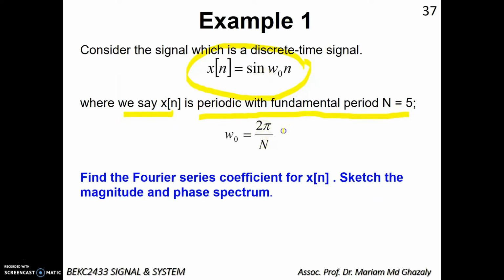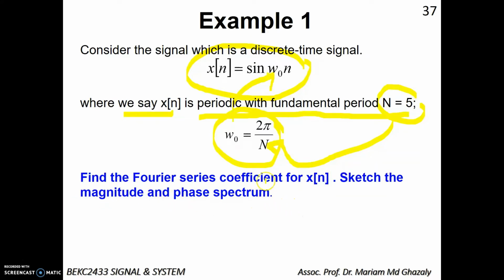So you have omega_0, the fundamental frequency, equal to 2 pi over N, and N is 5 here. If you substitute omega_0 into this part, you will get another equation which you expand. Find the Fourier series coefficient for x[n], and sketch the magnitude and phase spectrum.